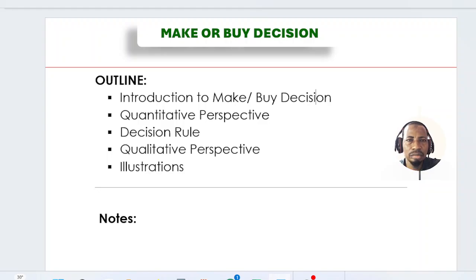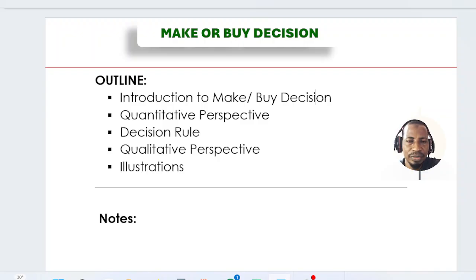A decision needs to be made whether to outsource the production of the components or it should be produced internally by the company itself.